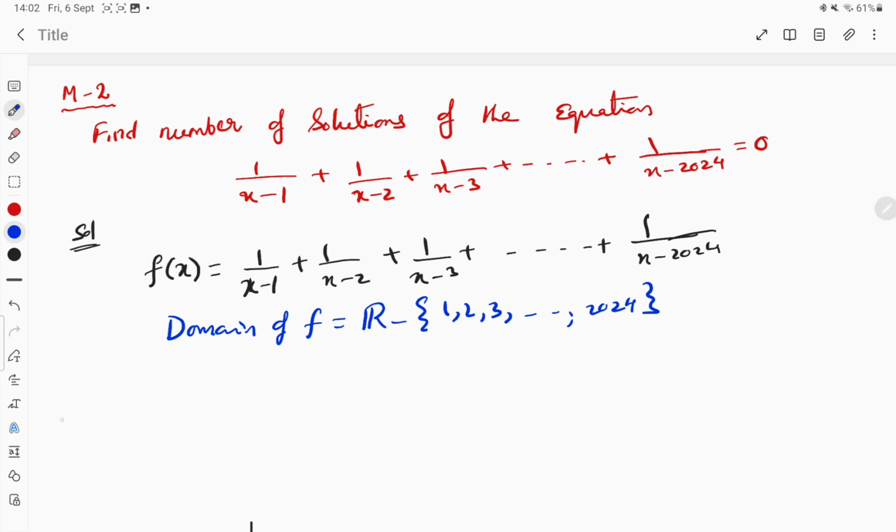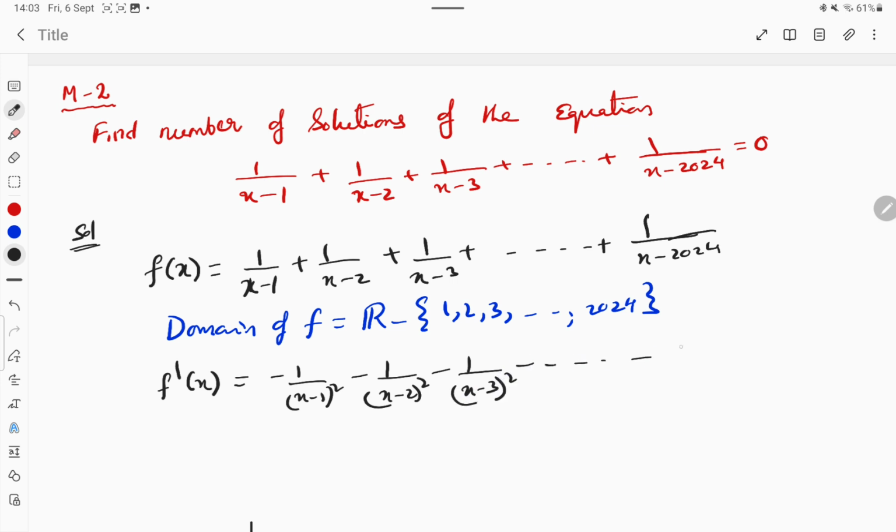Then let us talk about the monotonicity of the function. It can be calculated by f dash of x. F dash of x is minus 1 by (x minus 1) whole square, minus 1 by (x minus 2) whole square, minus 1 by (x minus 3) whole square, and so on, minus 1 by (x minus 2024) whole square.